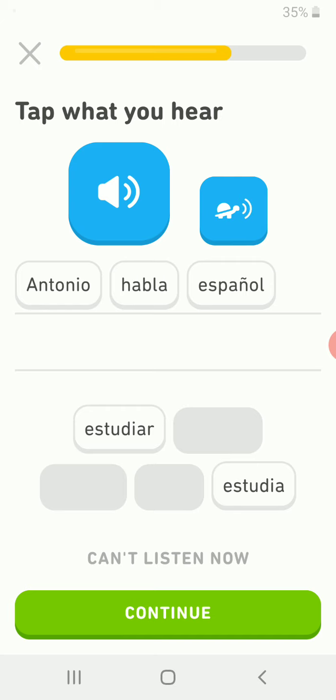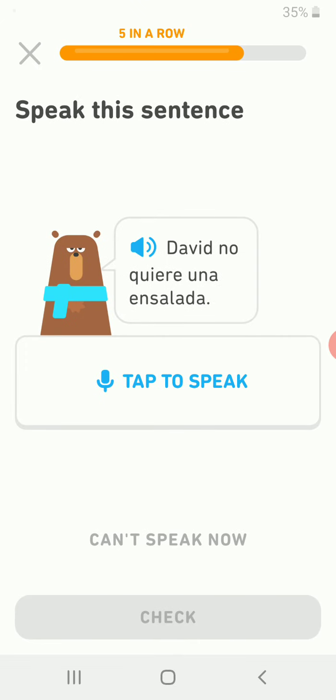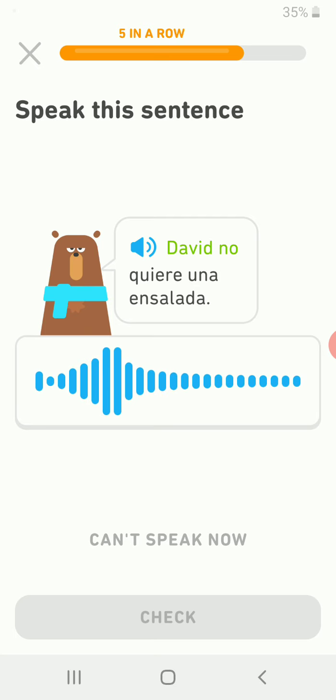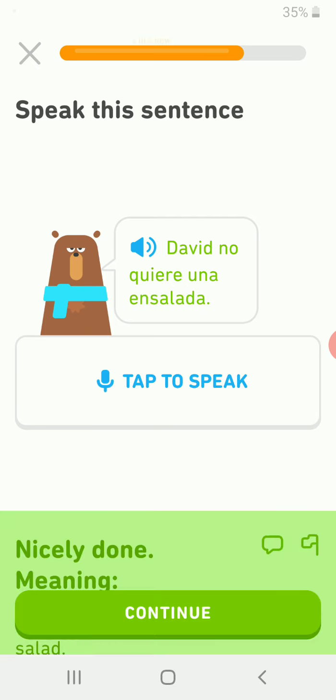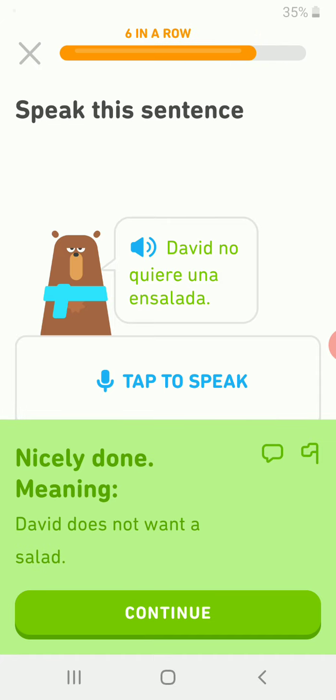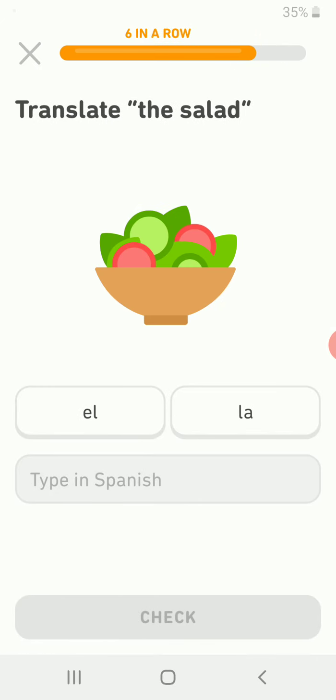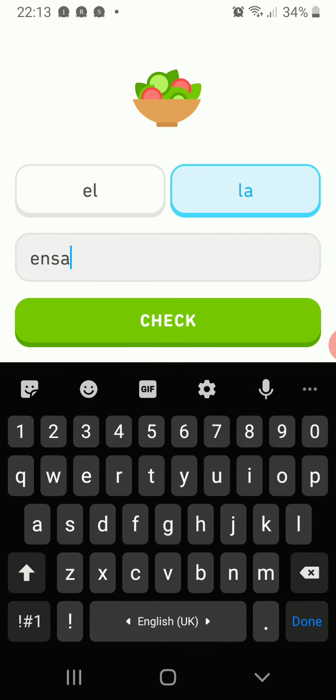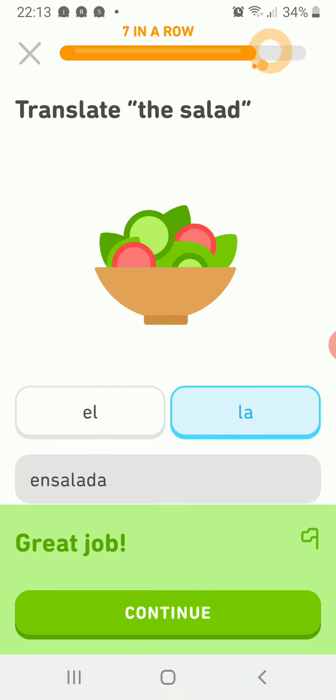So Antonio speaks Spanish. David no quiere una ensalada. So David does not want a salad. And la ensalada, we use la because it's a feminine noun, of course.